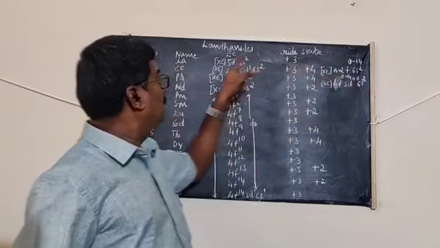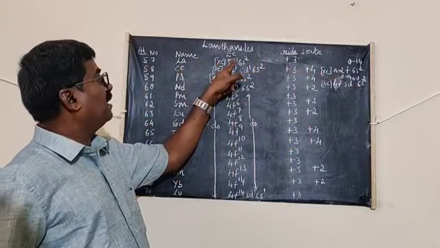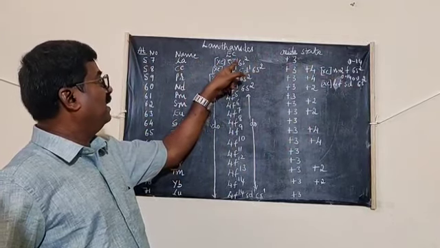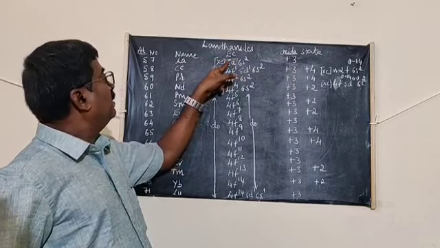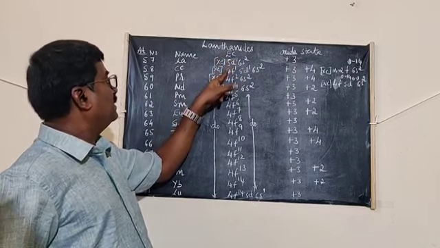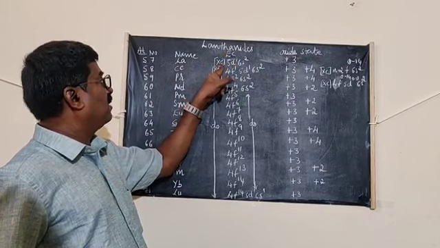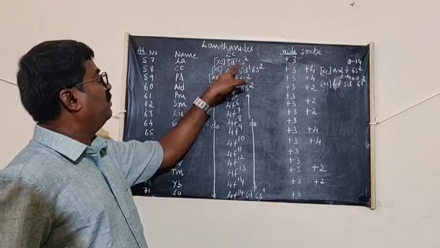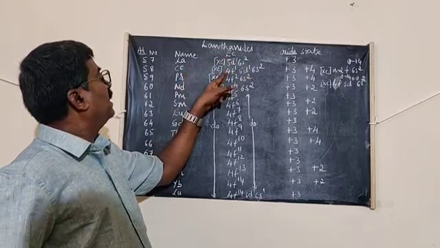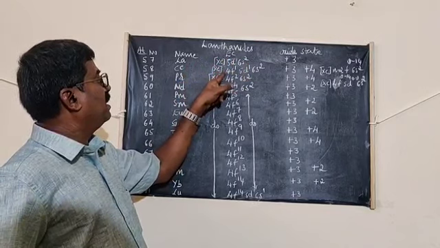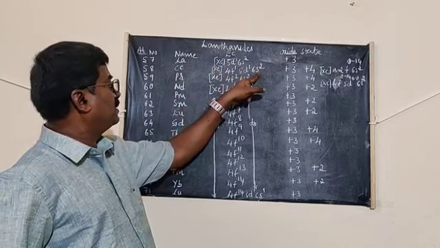The first element in this series is lanthanum. Even though the electron enters into the d orbital, it is considered as the first element of the lanthanide series. Its electronic configuration is xenon 5d1 6s2. In the next element, cerium, the configuration is xenon 4f1, 5d1 and 6s2.